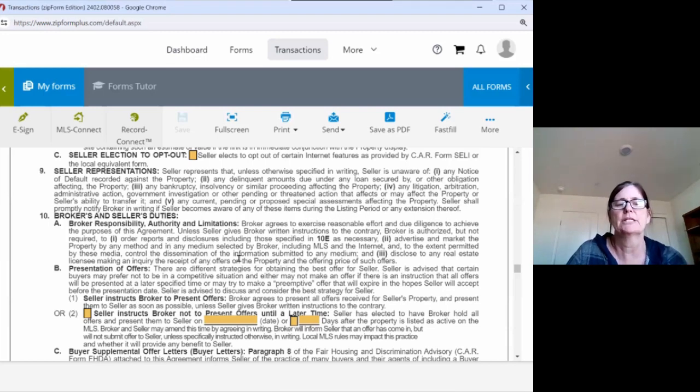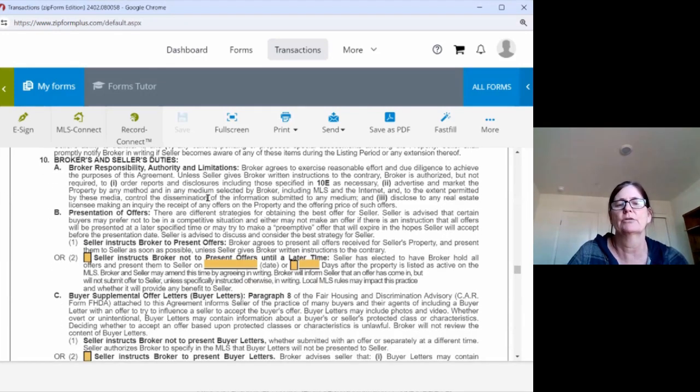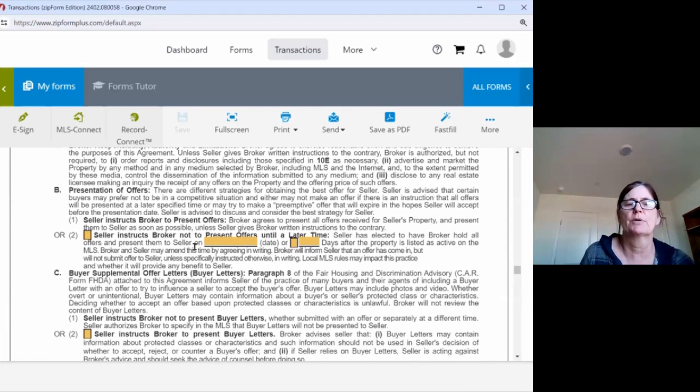Broker and seller duties: the broker has certain duties, and the seller has certain duties. Here it talks about presentation of offers. Does the seller want to see the offers as they come in? Do they want the broker to hold the offers maybe for 2 days or until the following Friday or whatever, and then present them? That can be put in here.